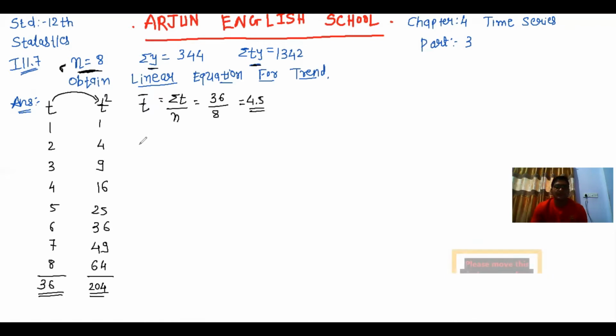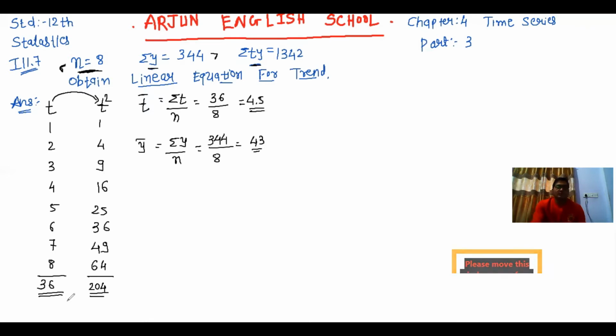And we have to find out y bar also. Formula is sigma y divided by n. Sigma y that is 344 divided by n, which remains the same. So 344 divided by 8, answer is 43.